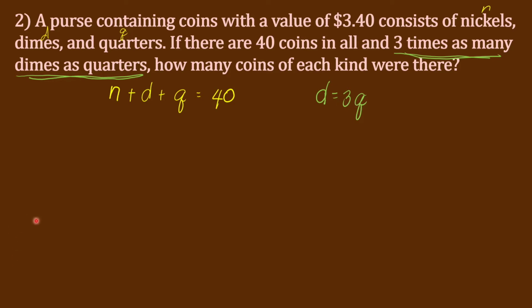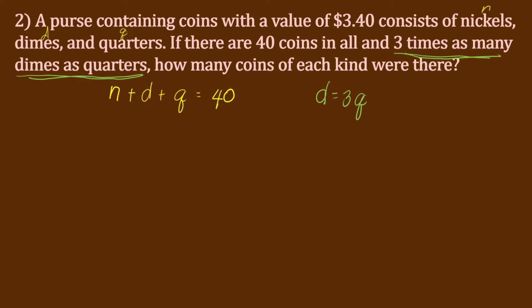Okay? Now, if that is the case, we can rewrite this first equation, N plus D plus Q equals 40, substituting 3Q for D. Alright?